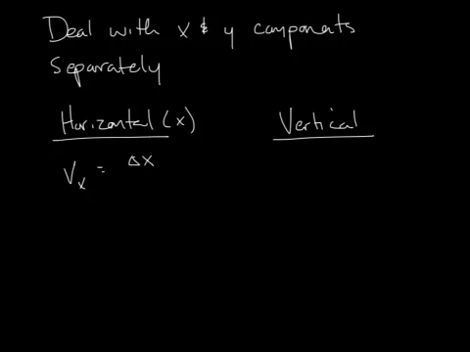So average velocity is our delta x over t, our displacement in the x direction, divided by time. Or a lot of the times the way we'll end up using that equation is rearranged so that it's solved for delta x. So the horizontal distance it's traveled at any given time will be its horizontal velocity times the time it's been in the air.